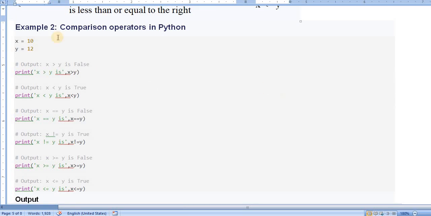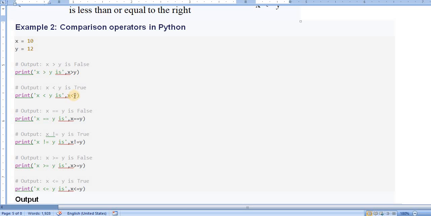So here the examples are given: x equals 10 and y equals 12. So here x is greater than y? The value of x is 10 and y is 12, so 10 is greater than 12, false. Okay.